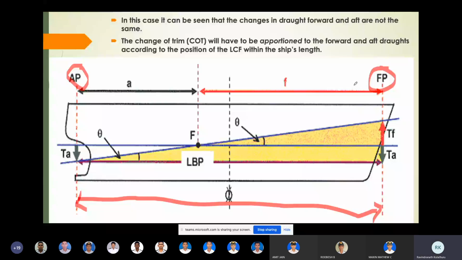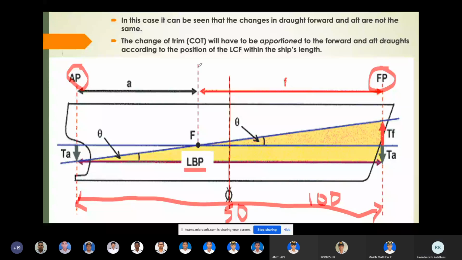Now let's take the LBP of my ship as 100 meters. I have marked my aft perpendicular and forward perpendicular, and my distance LBP is 100 meters. So if I take this as my midship, my midship will be 50. Now I have marked a position F over here.